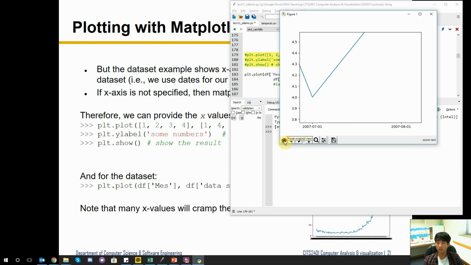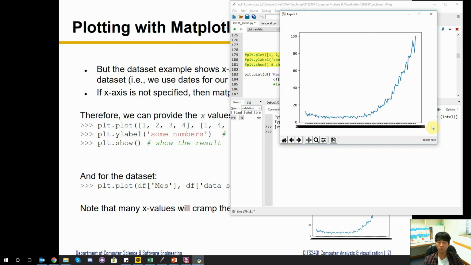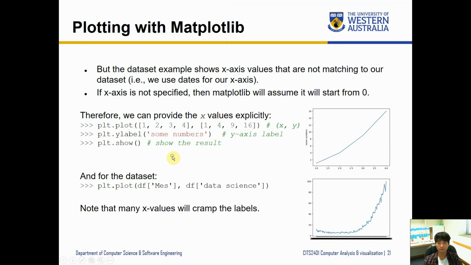Since we have so many points, there are 200 points that we plotted, they're all crammed here like this. So we're going to see how to fix this soon enough. Okay. So we can easily specify the x values associated with the y values by putting two lists of values into the plot.